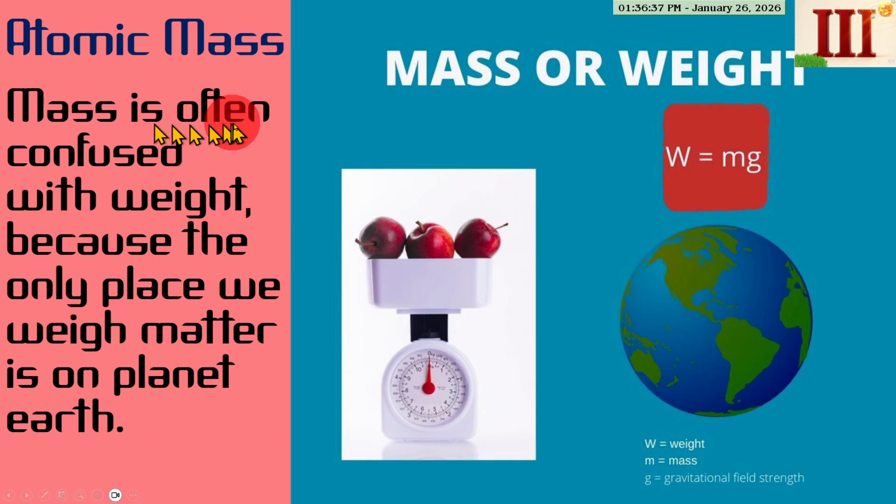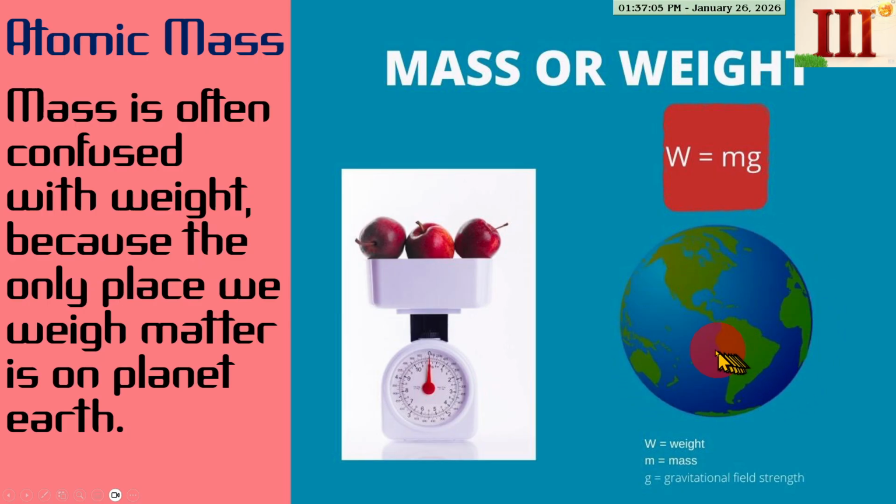Mass is often confused with weight, and there's a reason for this. The only place that we know to weigh anything is on this planet. When we measure weight and consider the gravitational force, it's pretty consistent over the entire Earth.